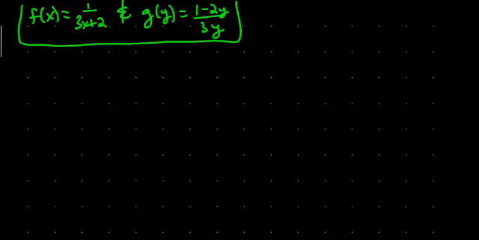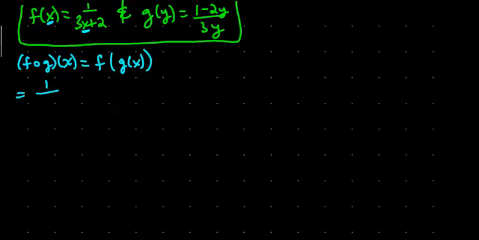So first let's do f composed with g. F composed with g of x means we plug g of x into f. Well, f says whatever you put there, put it there. So this equals 1 over 3 times g of x plus 2. Oops, this should be g of y.